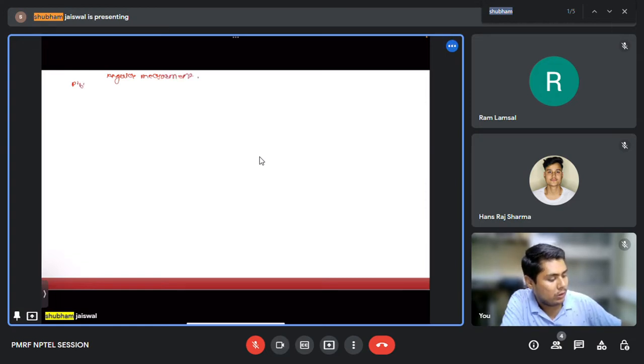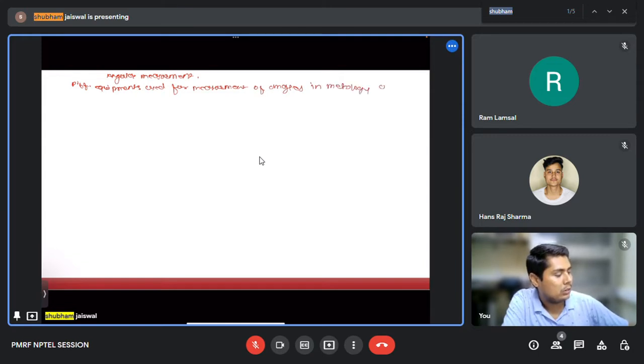The different equipment used for measurement of angles in metrology are: the first one is the protractor.